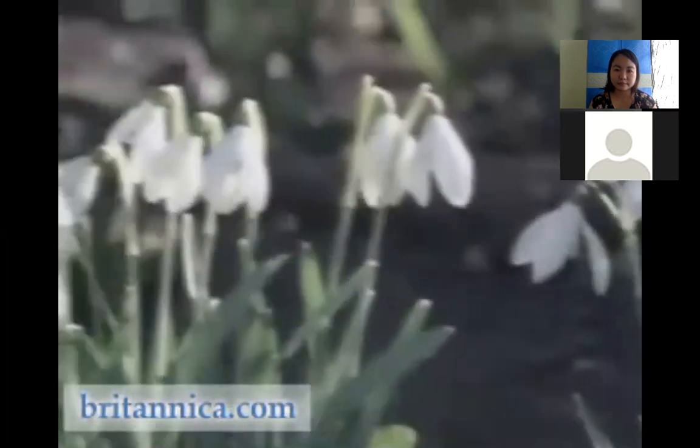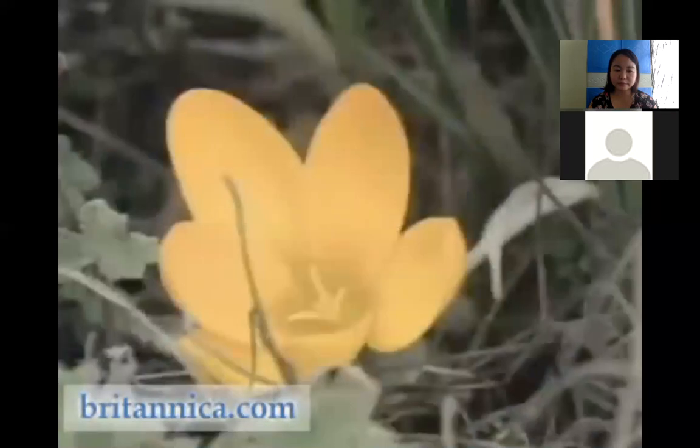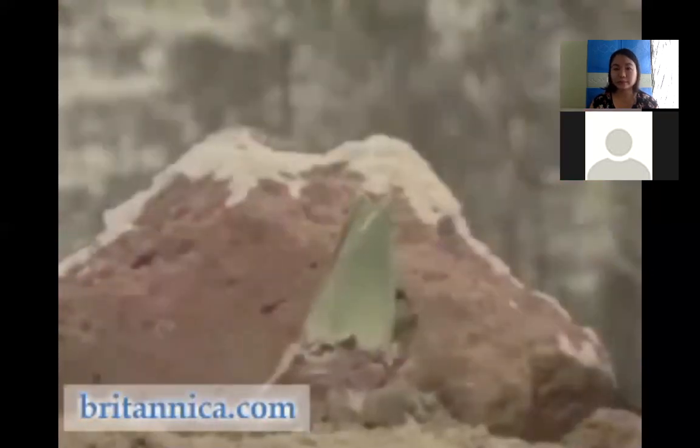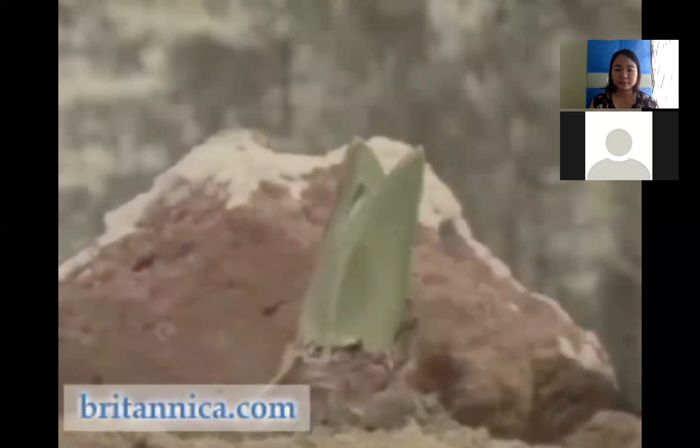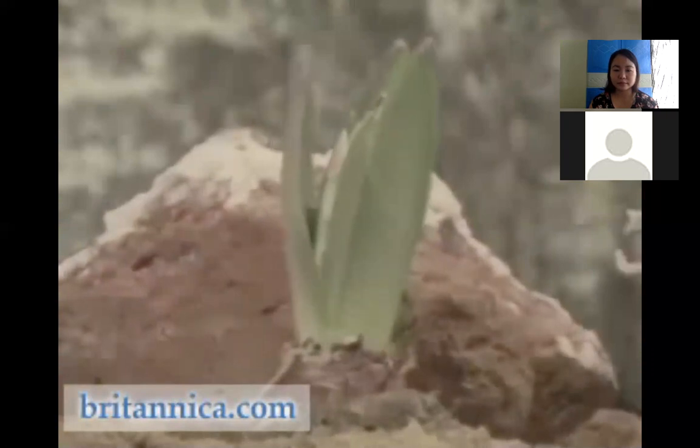They have reproduced from bulbs. Bulbs enable plants to reproduce asexually, that is, without producing gametes. Bulbs are known as parinating organs. They allow plants to survive in adverse conditions and then to grow quickly when the time is right.